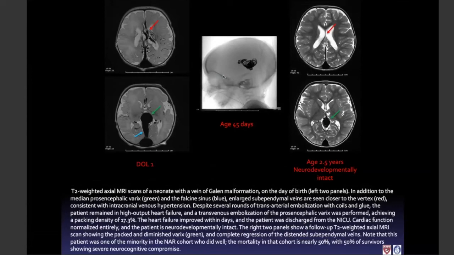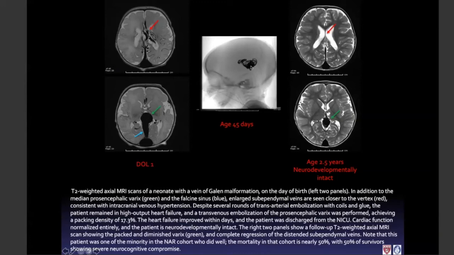And I use it as a sort of safety pop-off technique when transarterial embolization fails. This child presented very severely with overwhelming heart failure under multiple rounds of transarterial embolization. And the heart failure was just not remitting, and this child was not going to survive. So as a last maneuver, we decided to directly embolize the prosencephalic varix itself.